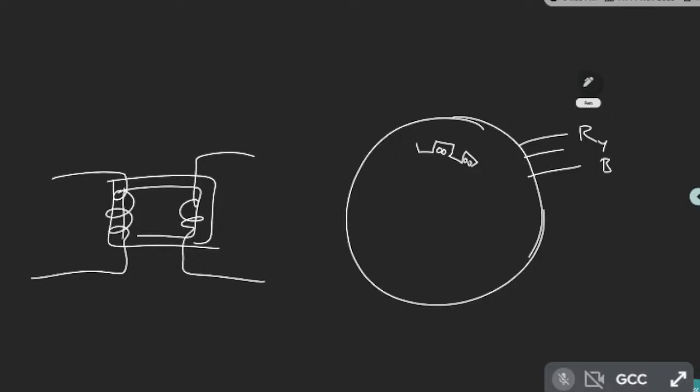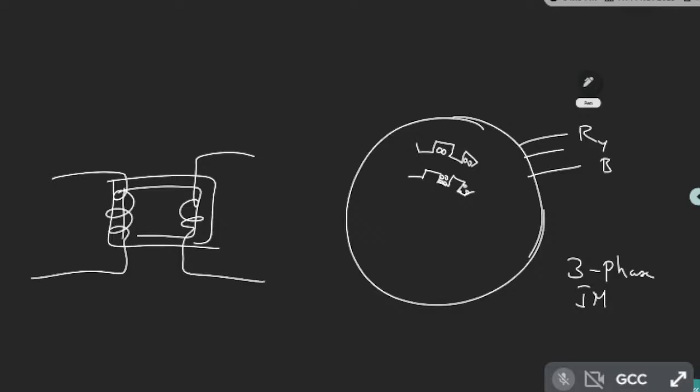The rotor also has rotor slots and rotor conductors. This is also three-phase. So in primary and secondary we have a three-phase induction motor.